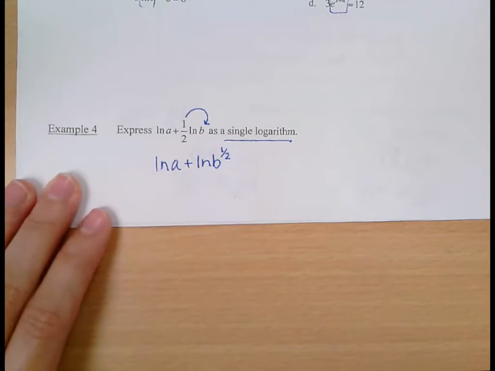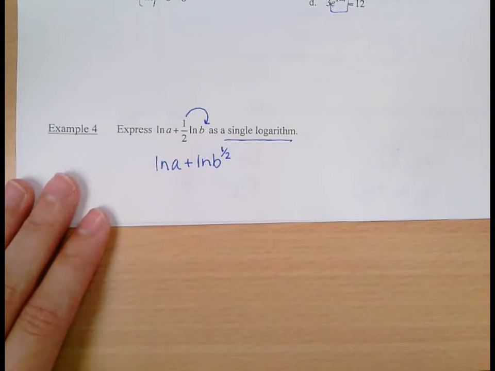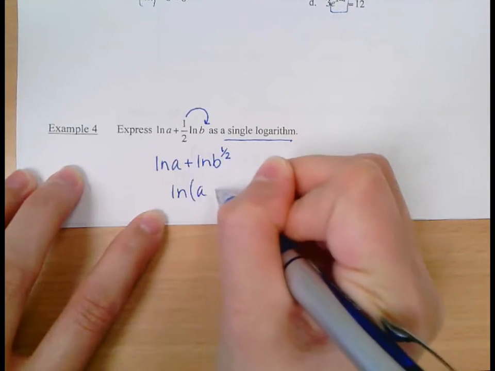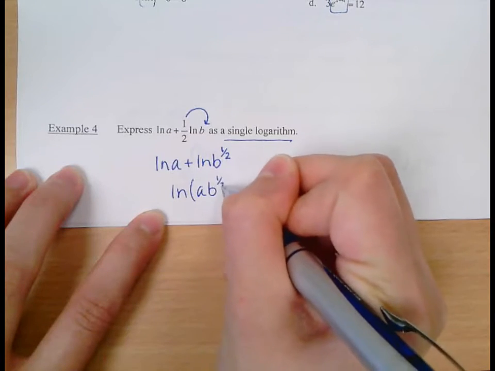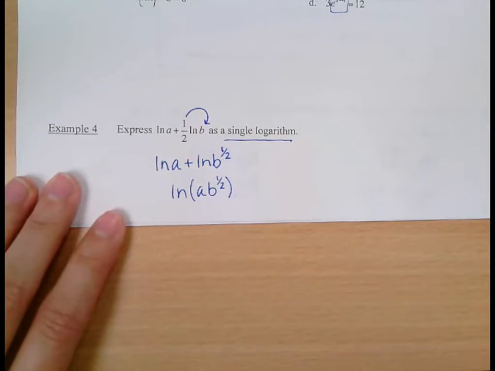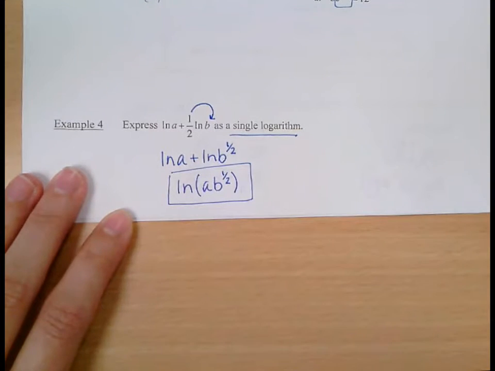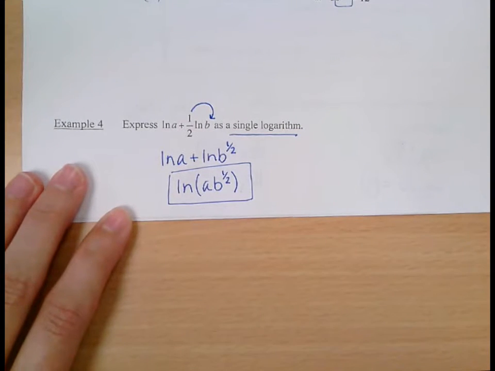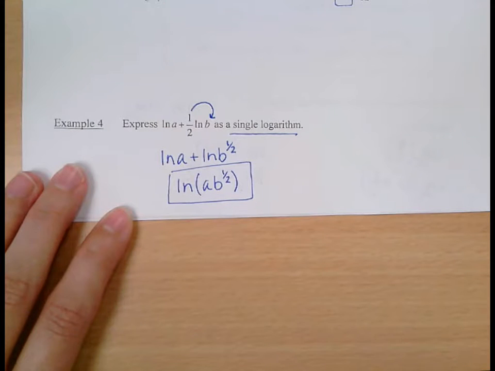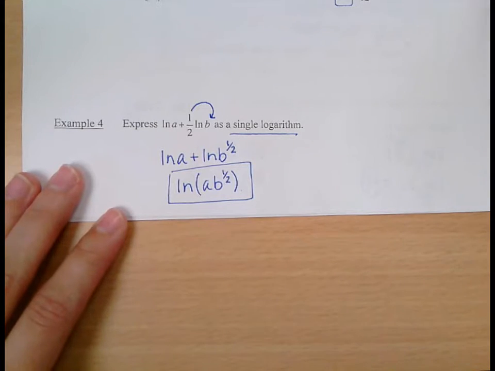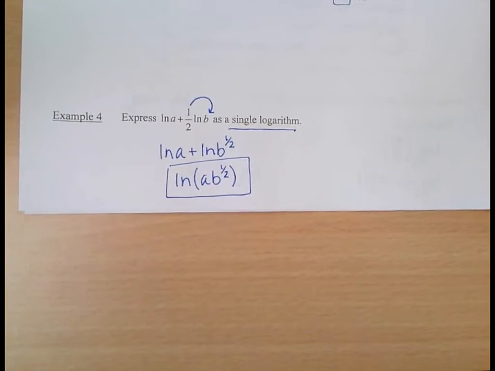Now I can apply that property and write it as a product, the natural log of a product. So it'd be natural log of A times B to the 1/2 power, or A times the square root of B. And now I have a single logarithm. Okay, so just making sure you can still use those laws of logs even if you have natural log.